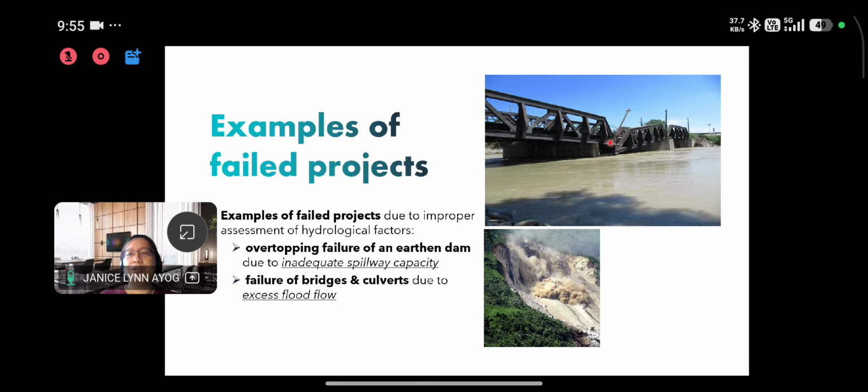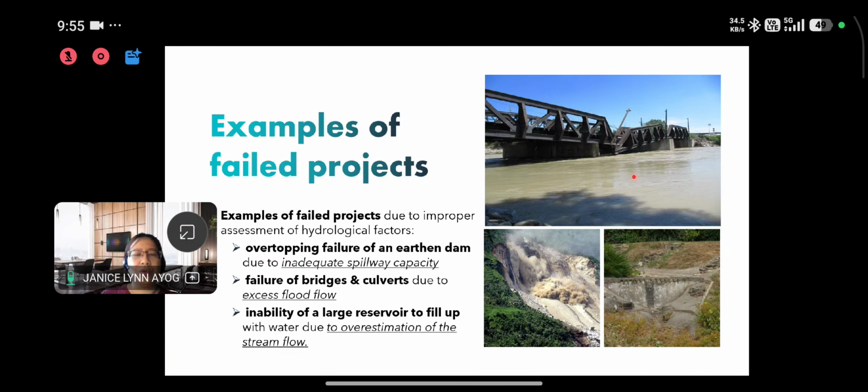Then failure of a bridge, where the point of failure is here due to excess flood flow, basically an underestimation of the river discharge. And also the inability of a large reservoir to fill up, which is an overestimation of the river discharge. You have a structure to retain the water, but the river is just not enough to fill it up.